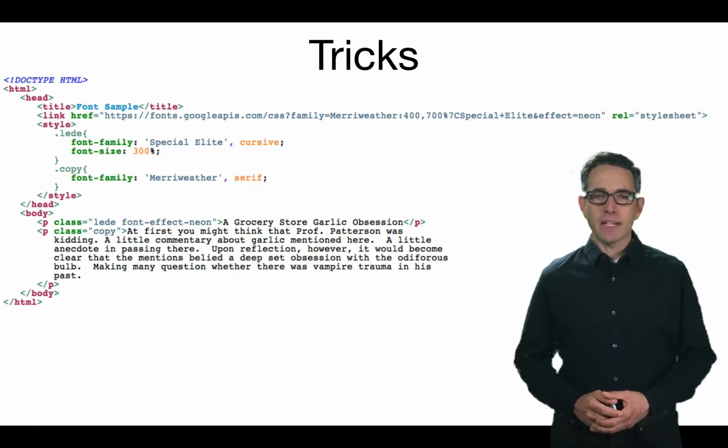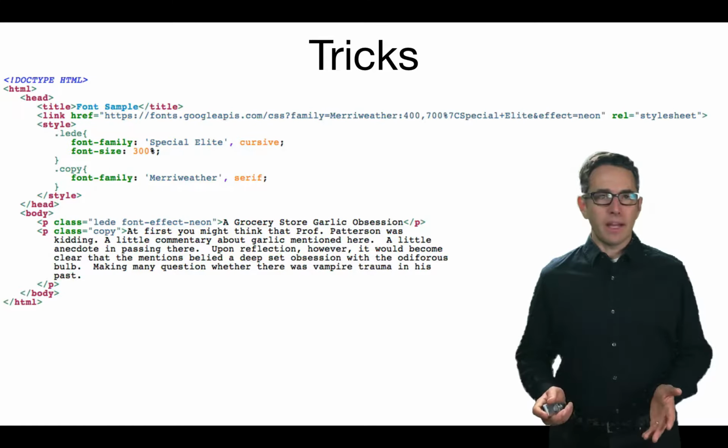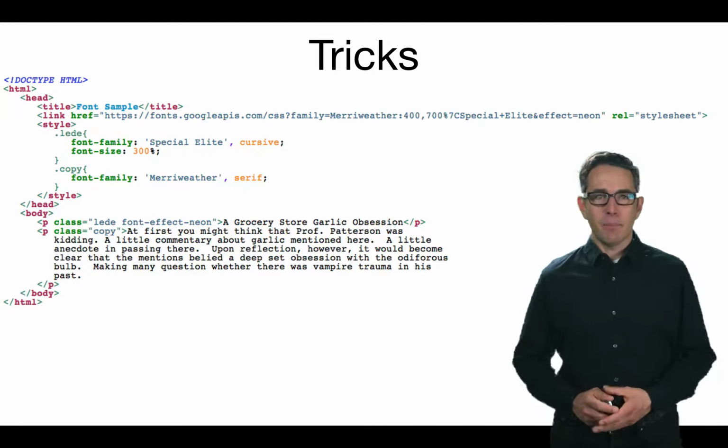I kept the internal style sheet the same, but down in the body of the text, the paragraph that has class lead, you can see that I added a second class called font effect neon. Now, it's one thing I'm not sure that we've said explicitly, but any tag in HTML can have multiple classes. So in this case, there are multiple classes being applied to this paragraph.